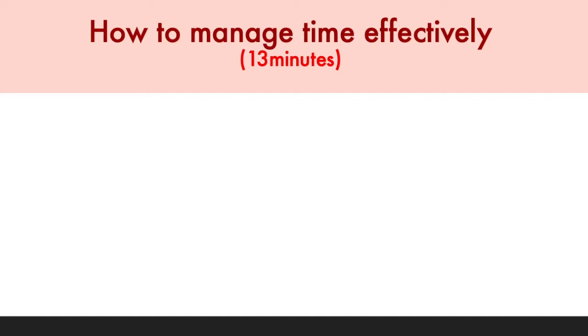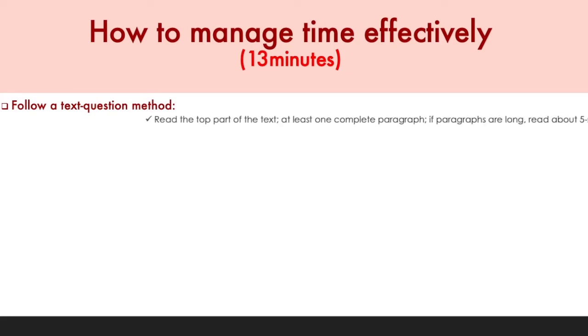How to manage time effectively. You have 13 minutes to complete part 4. Follow a text question method. First, read the top part of the text, at least one complete paragraph.